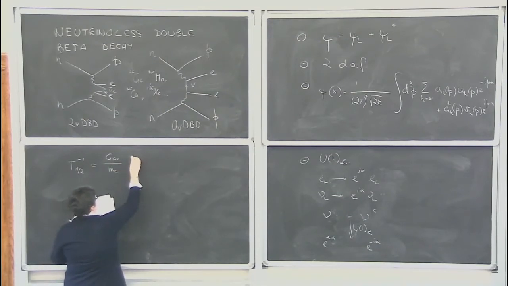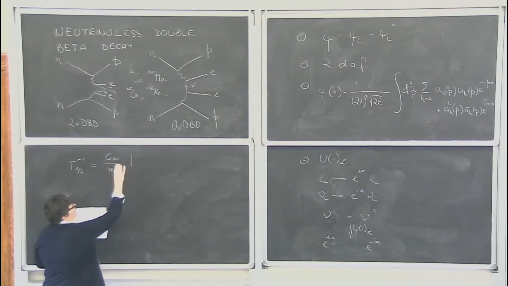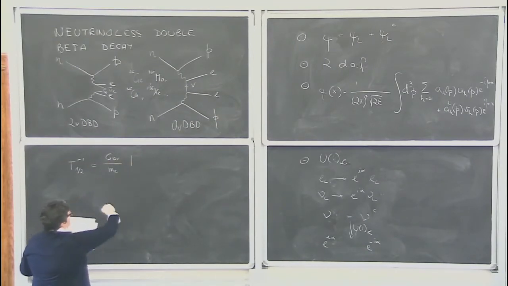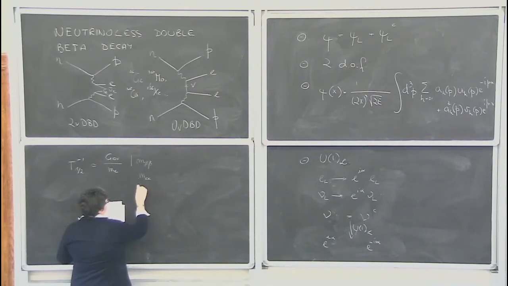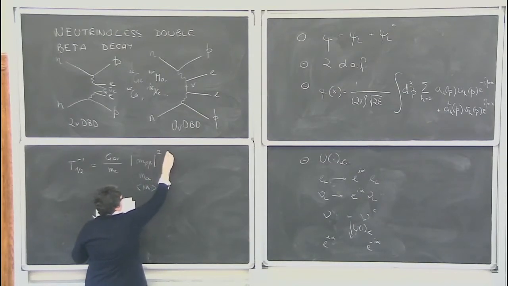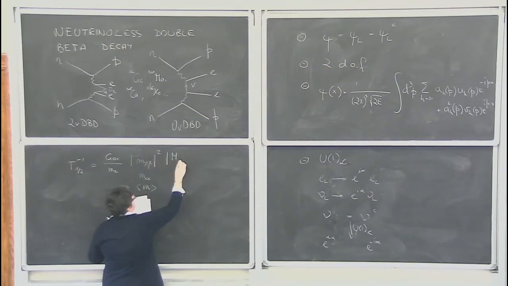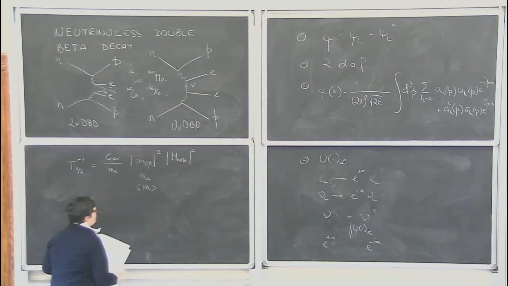Then you have the part which depends on the neutrinos, which is called the effective Majorana parameter. Let me call it m_ββ. In the literature, you will also find m_ee or a symbol like this, squared. And the nuclear part, these are called the nuclear matrix elements, that you need to compute using nuclear theory.